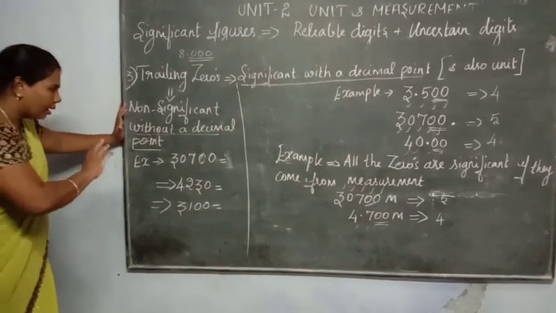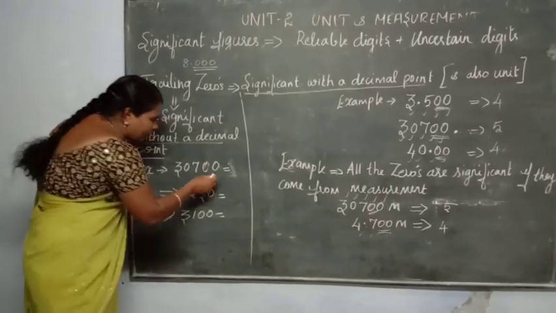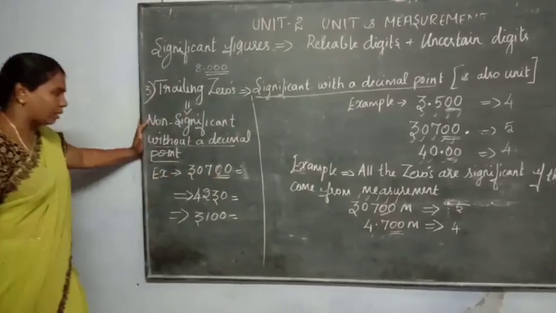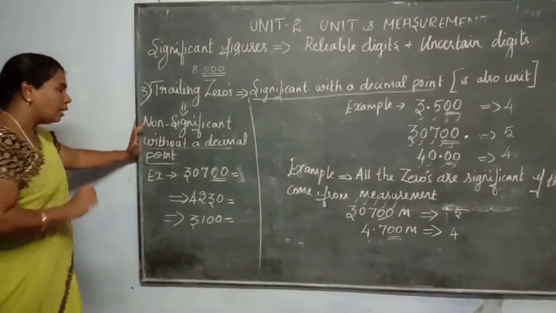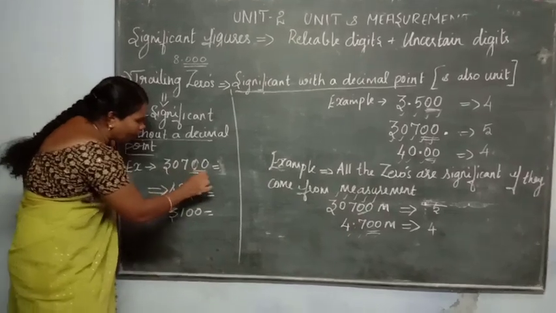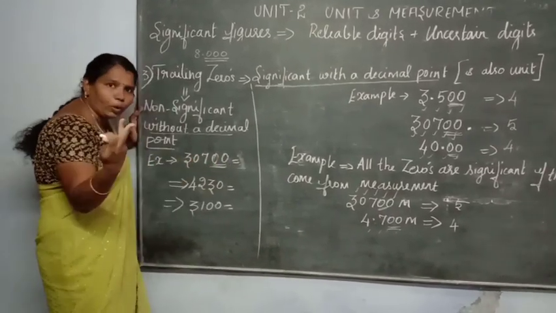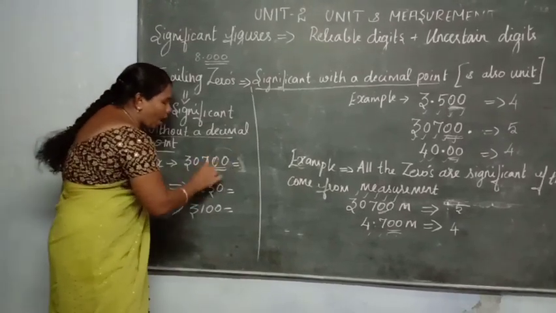It ends with a zero, so it has trailing zeros. But it is not followed by a decimal point and it does not have any unit. So it is not significant. It is non-significant.